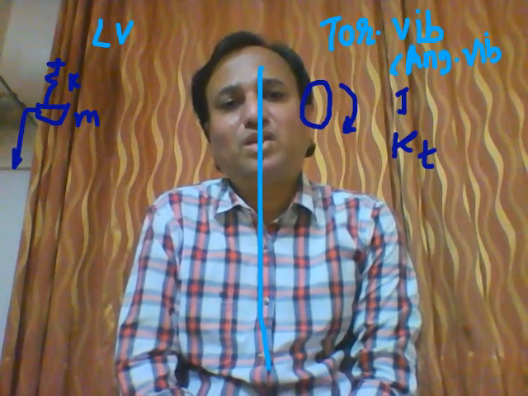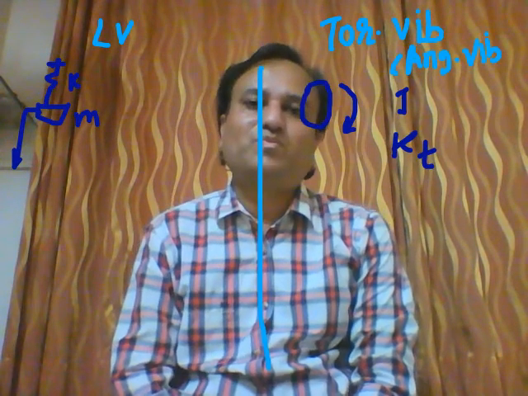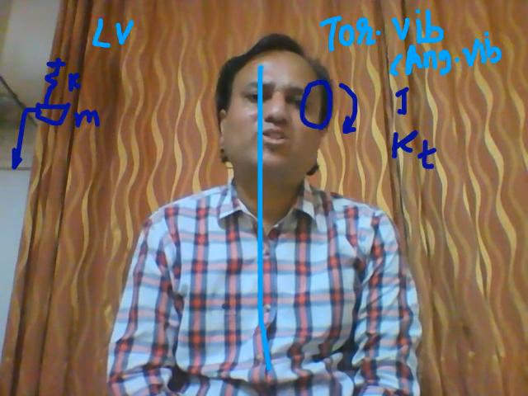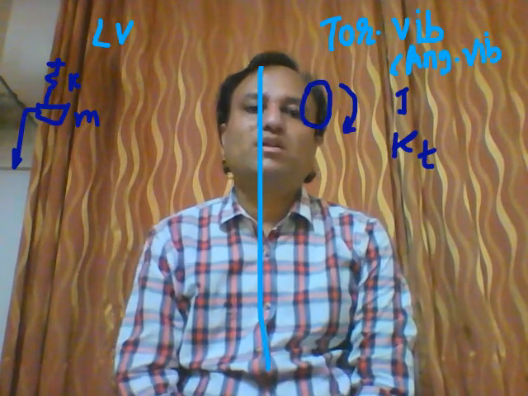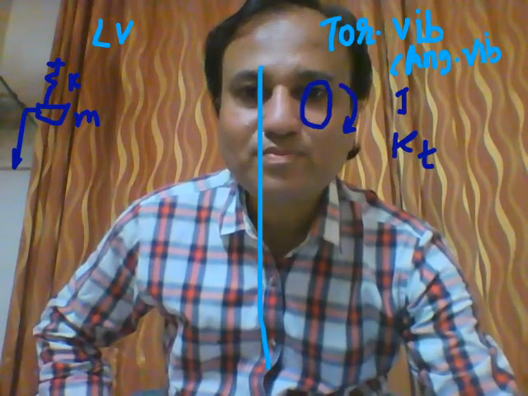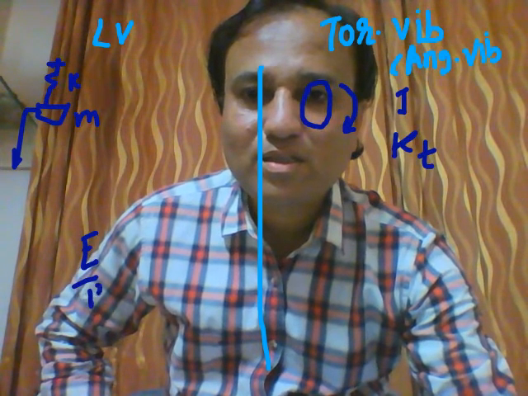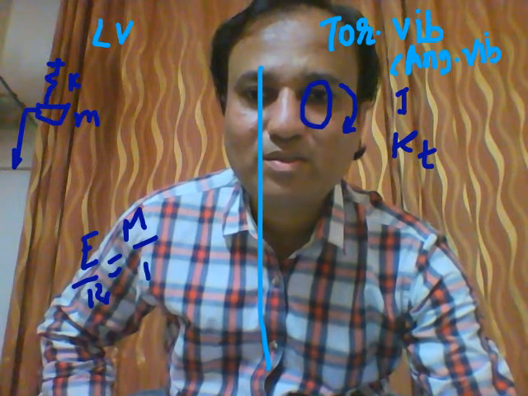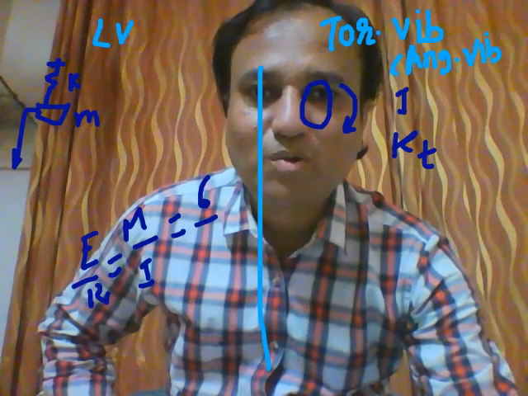So student, I think you are familiar with the theory of bending and torsion. So in bending, what is the flexural relation or bending formula, student? Formula I am writing down: E by R, M by I, sigma by y.